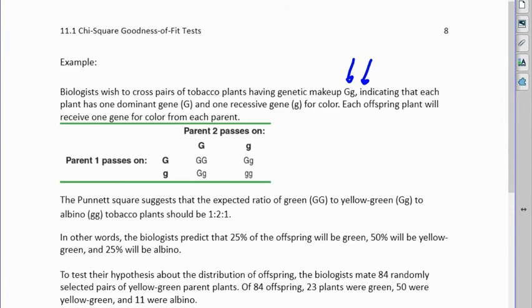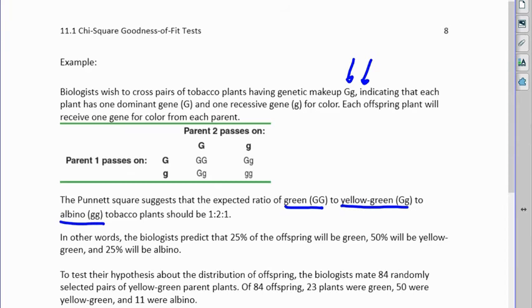If you get the two dominants, you're going to have a green plant. If you have a dominant and a recessive, you'll have a yellow-green color. And if you have the two little g's, then you're expected to have an albino color.